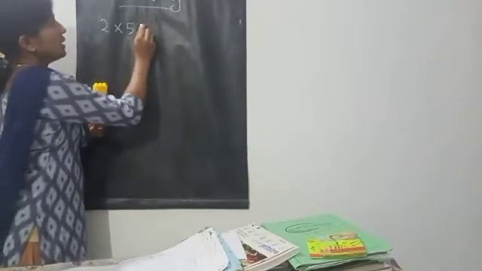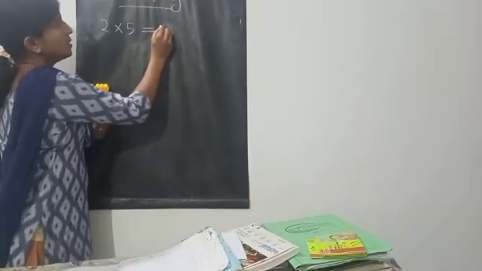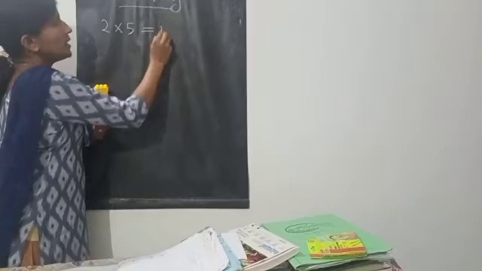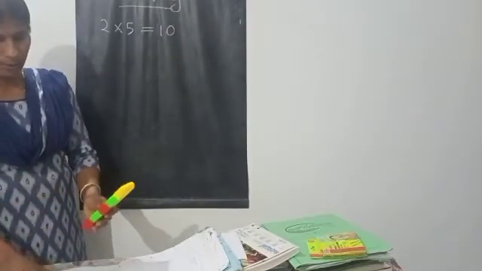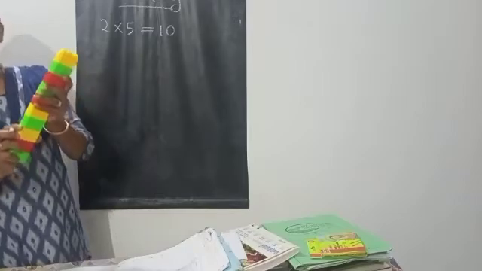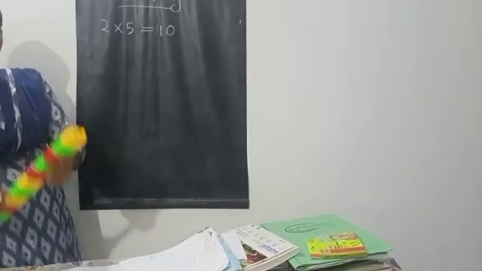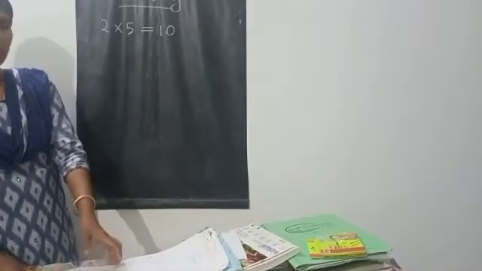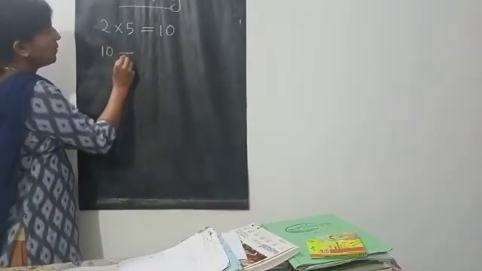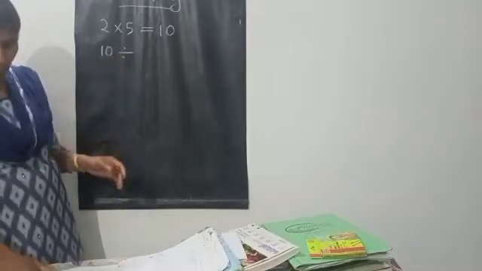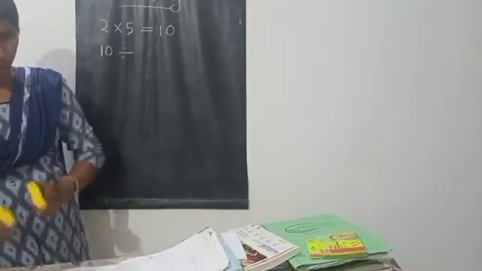Then you can say 2 times 5 is 10. Then you know that this is total 10 bricks, 10 blocks. Then I am dividing it into two sets.